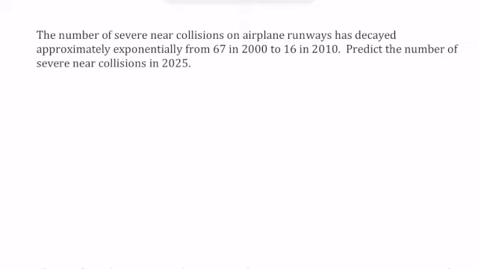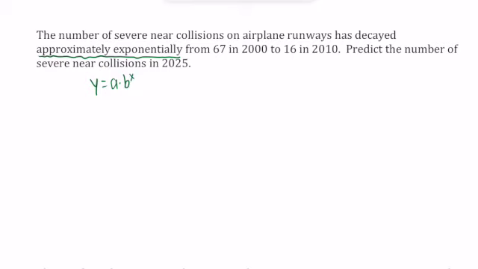It says the number of severe near collisions on airway runways has decayed approximately exponentially. What that tells us, without even looking at the numbers yet, is we're looking for a formula in that y equals a times b to the x form.